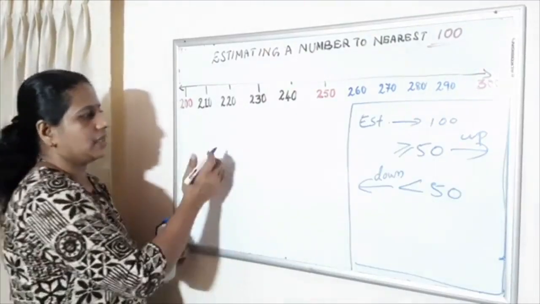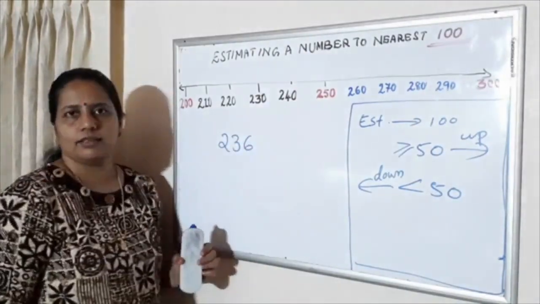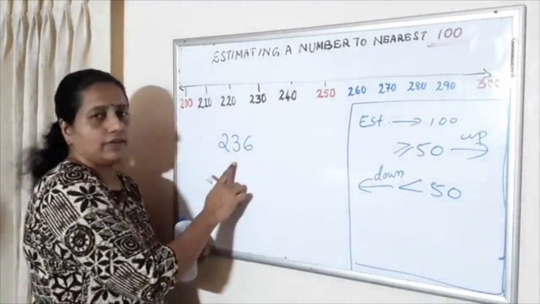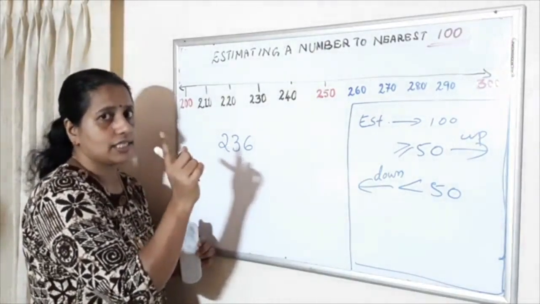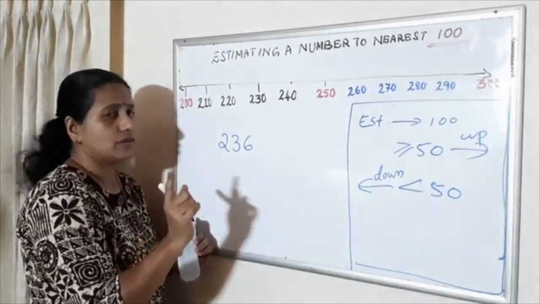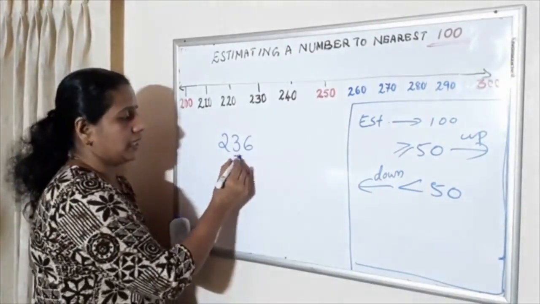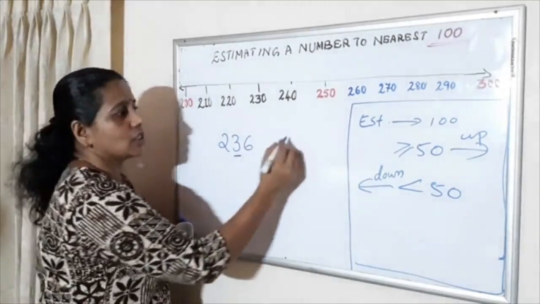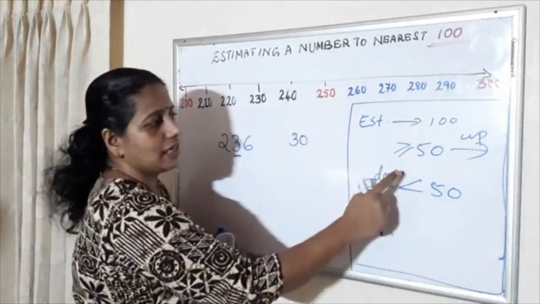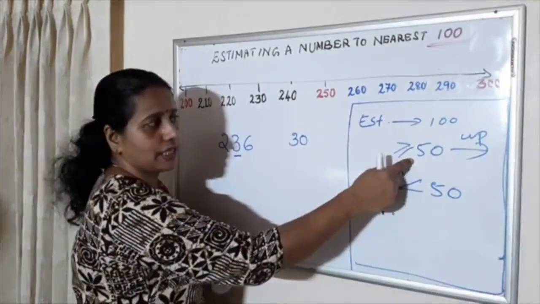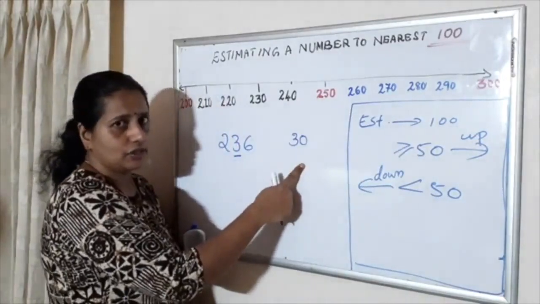Now take an example, 236. When we have to round it nearest to 100, what is our condition? We have to take which place value? Tens place value. Here the tens place is 3, so our place value is 30. If it is greater than or equal to 50, we round it up. If it is less than 50, we round it down.